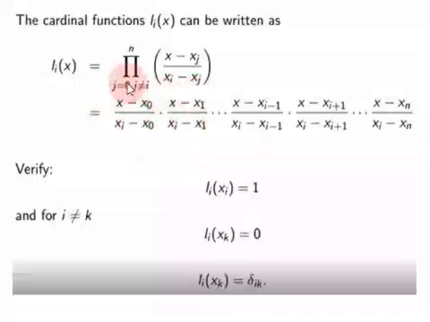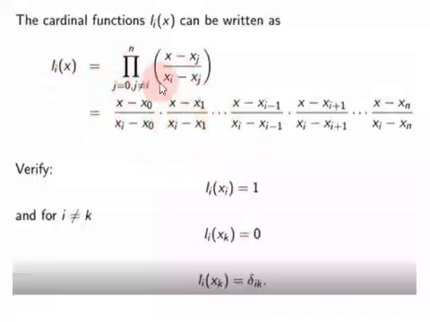The second term comes from plugging in j equals 1: x minus x sub 1 divided by x sub i minus x sub 1.